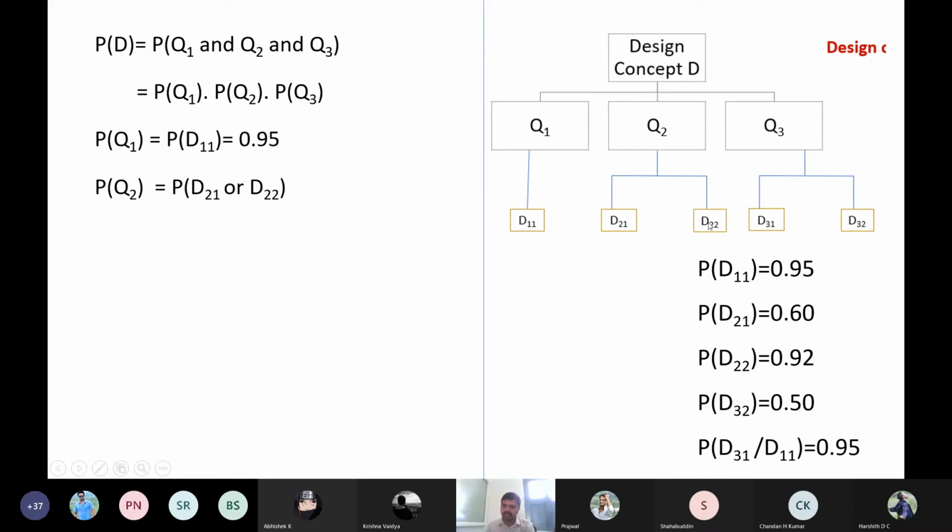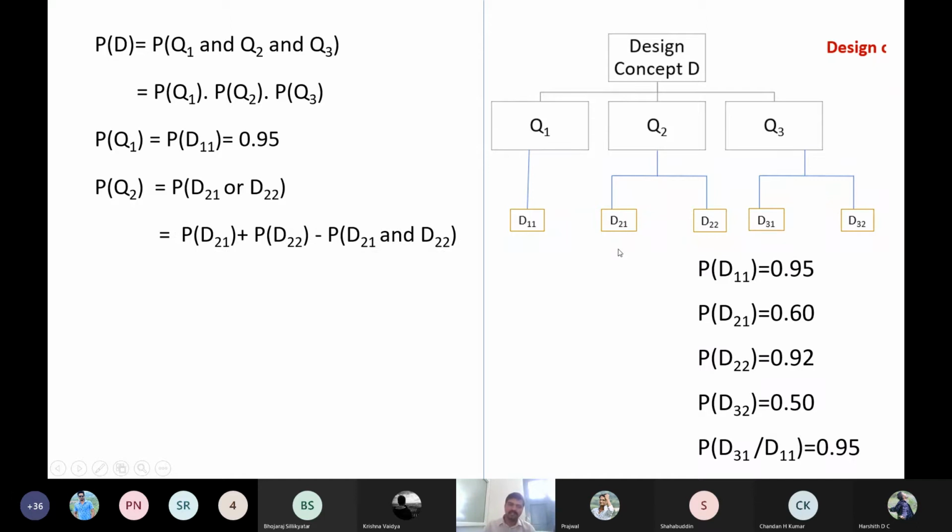Solving one out of two is sufficient, and that is why it is related as OR. Next, you have to identify whether D21 and D22 are independent or dependent by looking at the given details. These two are independent.